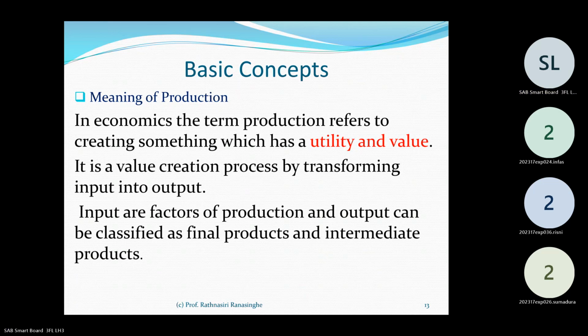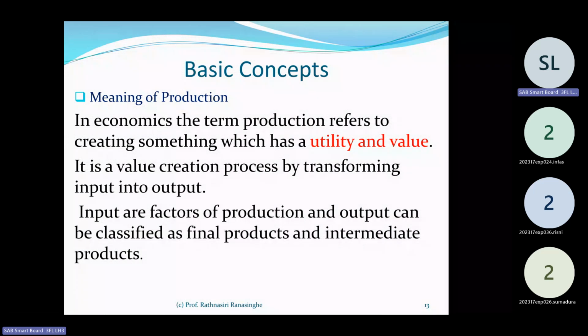So this input is what we operate in the production process. There's a process, and finally we obtain output. This output means the final output, but it may be another input for another industry, right? Even though we say it's an output, it may be an input in another industry.